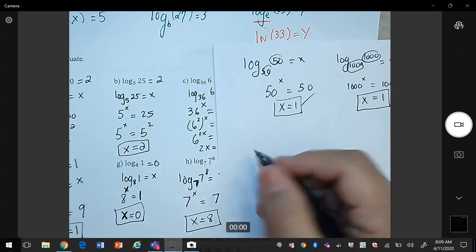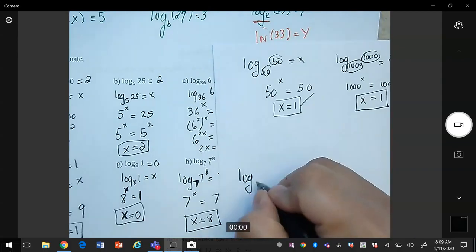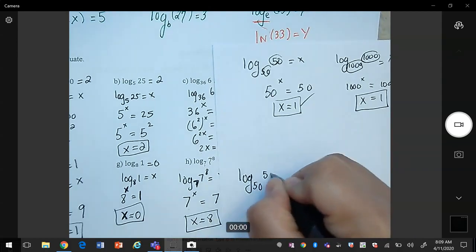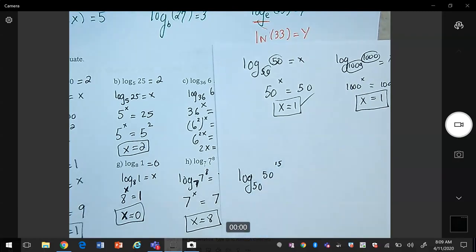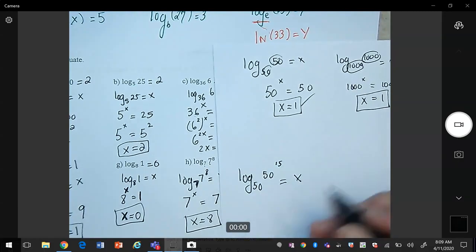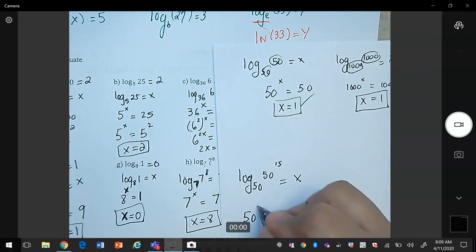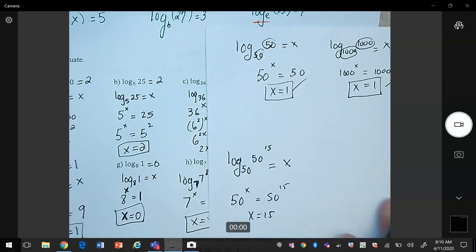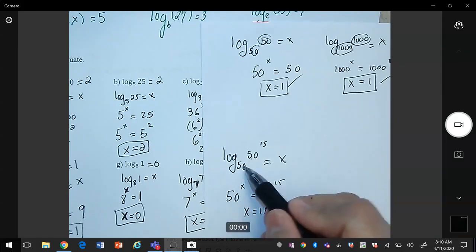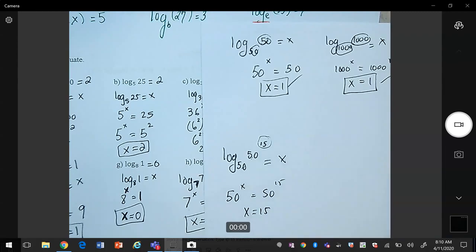So if we had something like log base 50 of 50 to the 15, then this is just going to be 15. Notice that the 50s are the same, so your answer is just going to be that exponent.